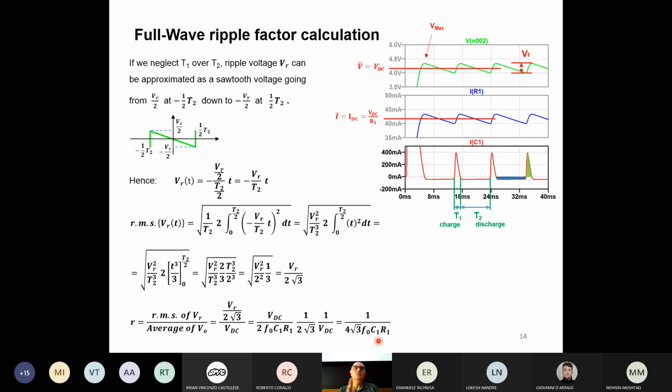There are times when we can do that. For instance, if we are interested in having a good ripple with a small packaging, if we increase the frequency, we can also decrease the capacitance. This means that the power supply will be smaller, because the capacitor is one of its biggest parts.